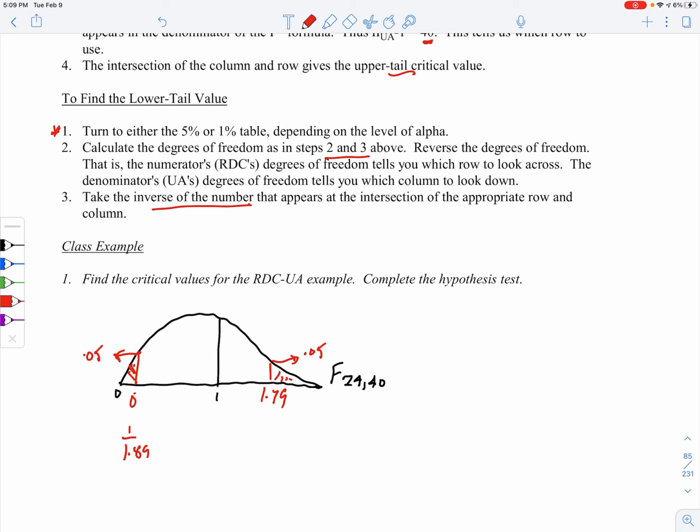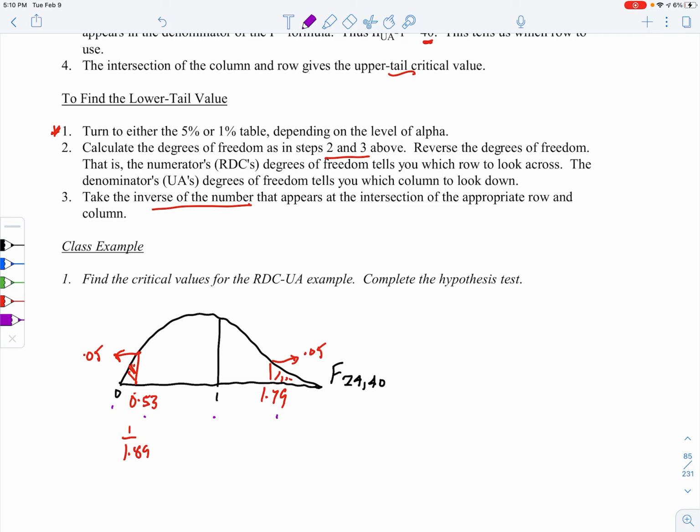And that's 0.53. It's always good to just do a real quick check to see if those numbers make sense. So we've got 0 down here, and then we've got 0.53, we've got 1 in the middle, and 1.79 up there. So they're all in order like that.